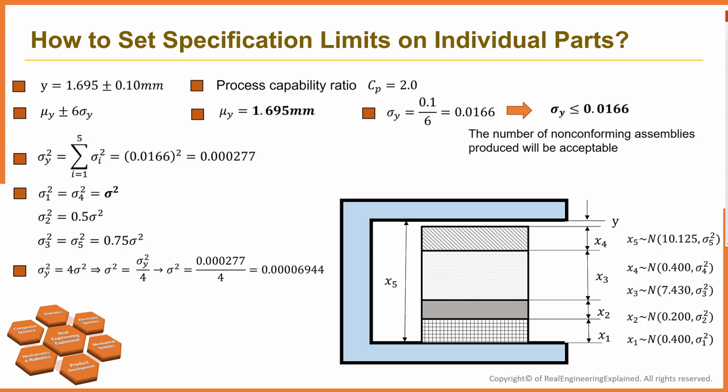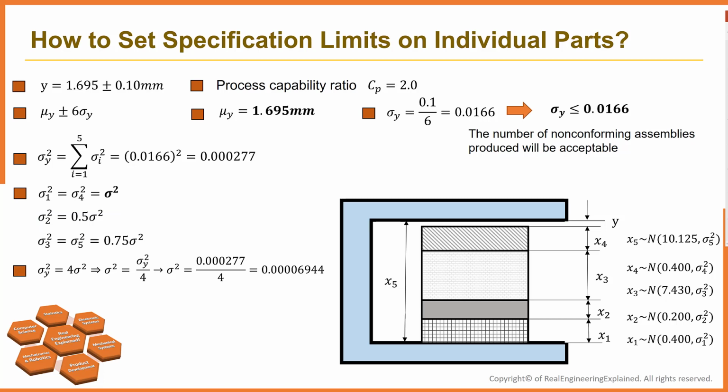Okay, let's see how these affect the specifications on the individual components. The variance of the gap of the final assembly is the summation of all sigma squares and equals 0.000277. Here I assume sigma for components 1 and 4 is the same and call it sigma square. I also assume the variance of sigma 2 is half of the variance of sigma 1 and 4.